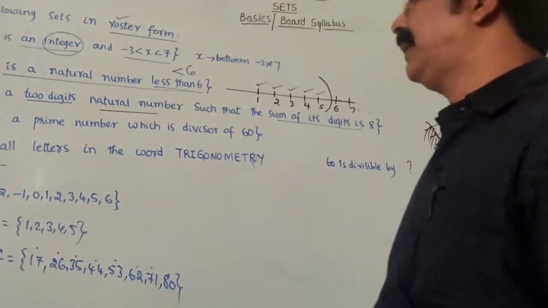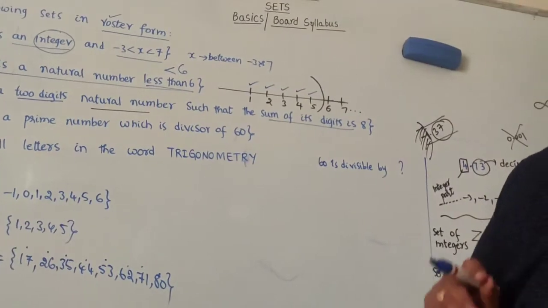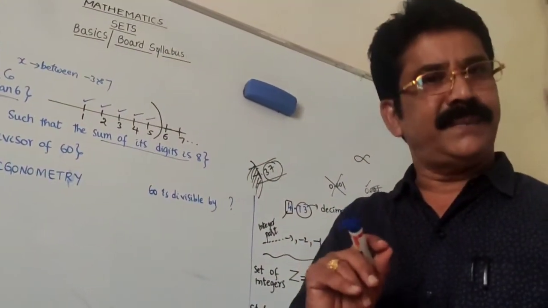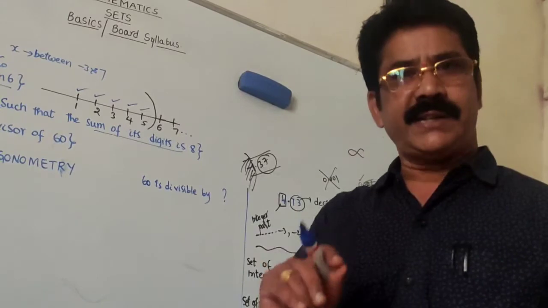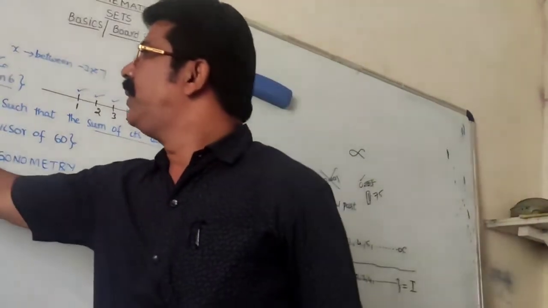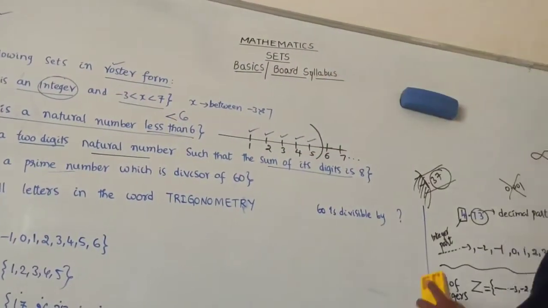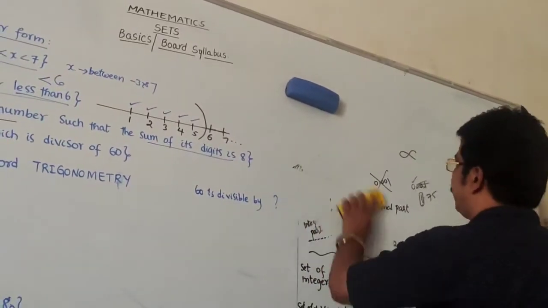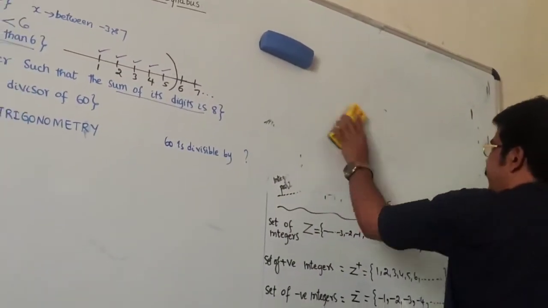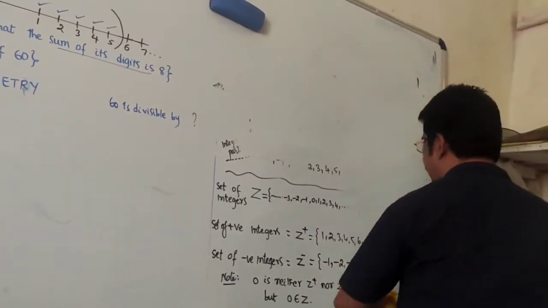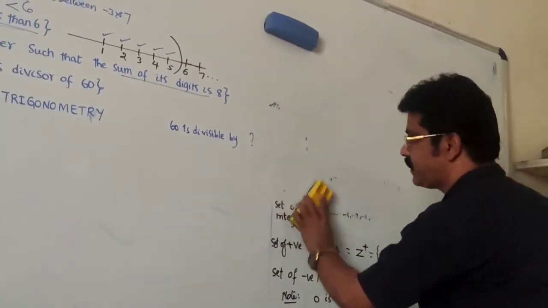X is a prime number. Do you know the definition of a prime number? First we shall discuss the definition of a prime number. So what is meant by a prime number?